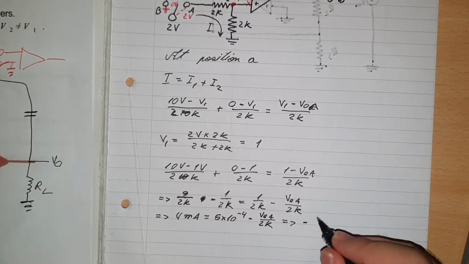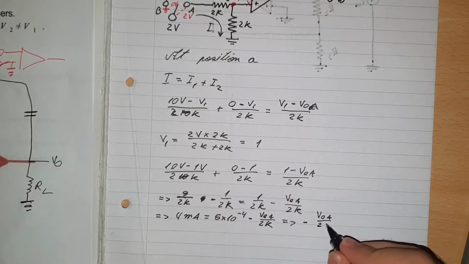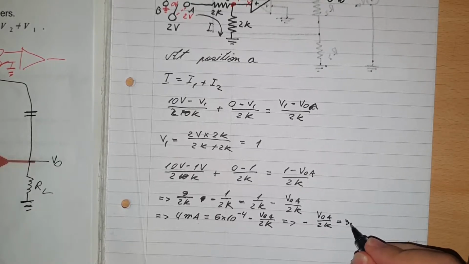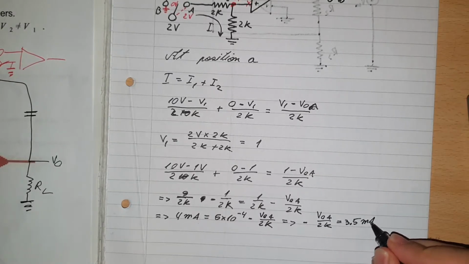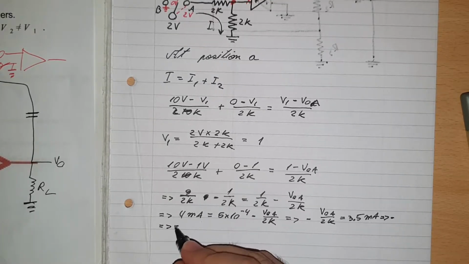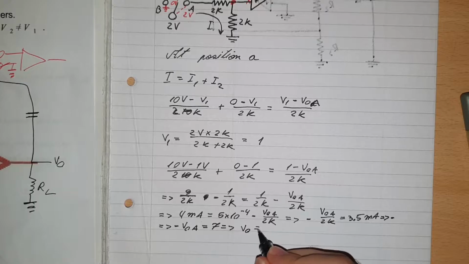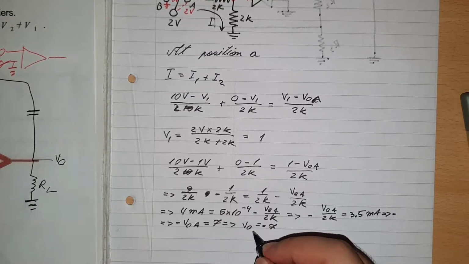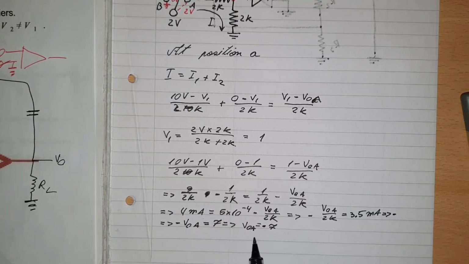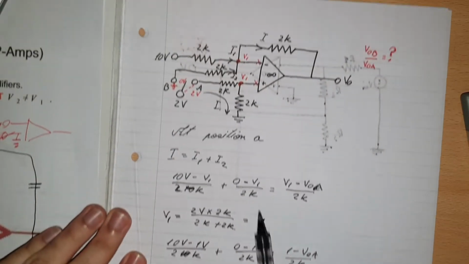Therefore minus VOA over 2K is equal to 3.5 milliamps. Therefore minus VOA is equal to 7. Therefore VOA is equal to minus 7. Alright, so that's the first one in position A.